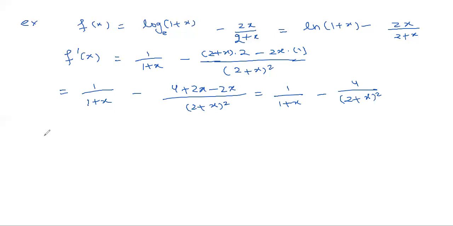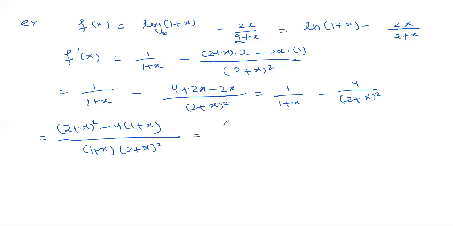Now combine it algebraically. The LCM of these two fractions is (1 plus x) times (2 plus x) whole squared. The numerator is going to be (2 plus x) squared minus 4 times (1 plus x). Let's expand the brackets in the numerator.